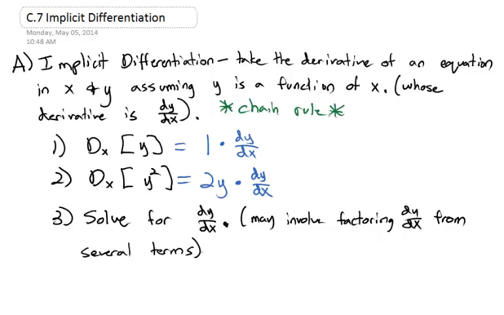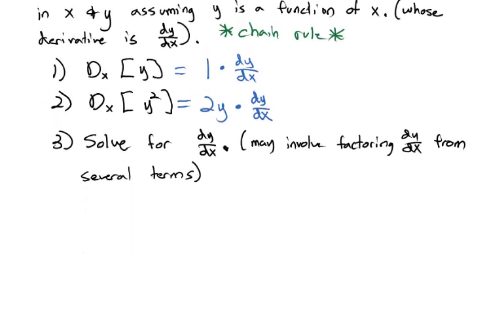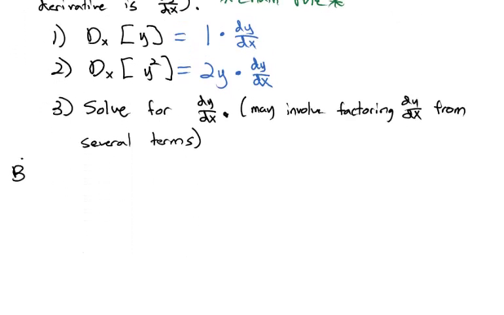So if we end up with multiple dy dx's we're solving for, we may have to get everything with the dy dx on one side, everything without it on the other side, so that we can factor it out and divide by the remaining factor. So that's pretty much the idea here.